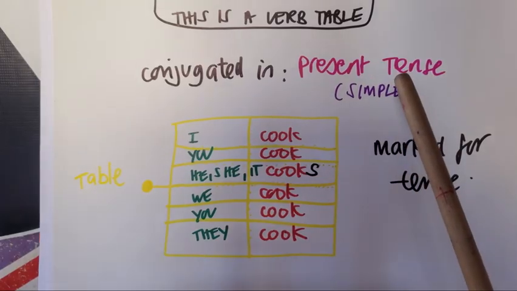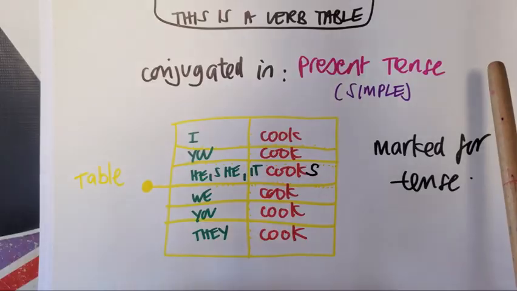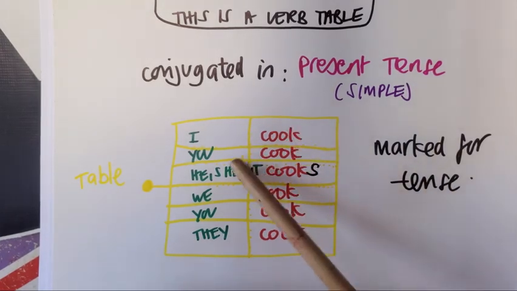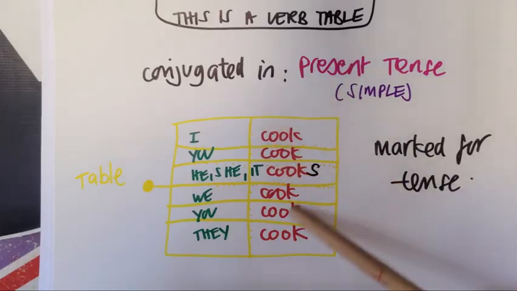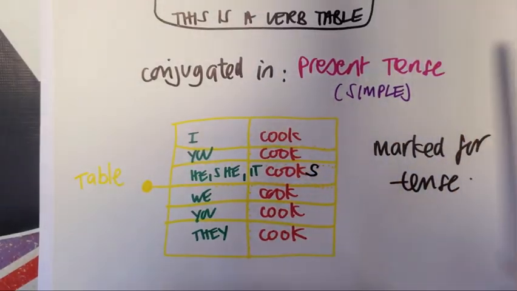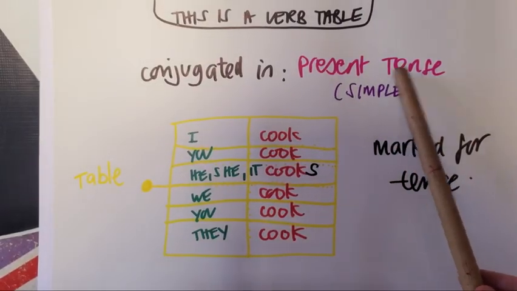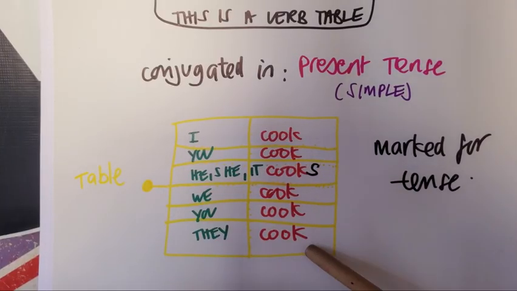It's simple. It just means the variations of a particular verb. You have the past tense and the present tense. I cook, you cook, he cooks, we cook. This is called a verb table, formed in the present tense. Past tense would be I cooked, you cooked, he cooked, we cooked, you cooked, they cooked, okay?